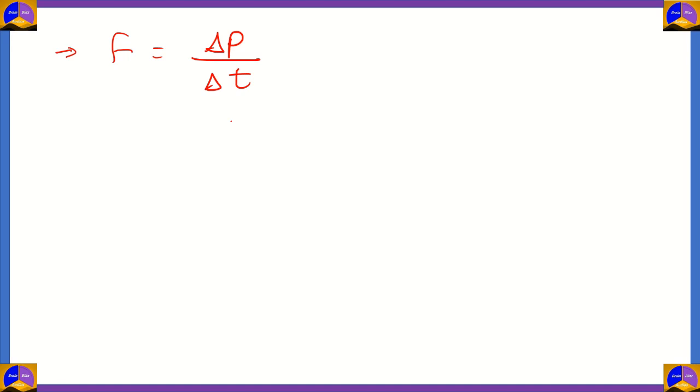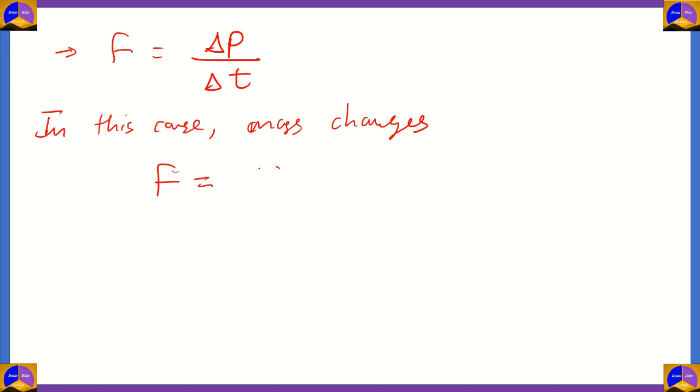F equals ma. So in the case of a rocket firing, that is this case, there is a change in mass, because as you fire the rocket into space, more gas and more fuel is used up by the rocket. So therefore, the mass of the rocket continuously decreases. So in this case, F equals constant velocity times dm divided by dt.